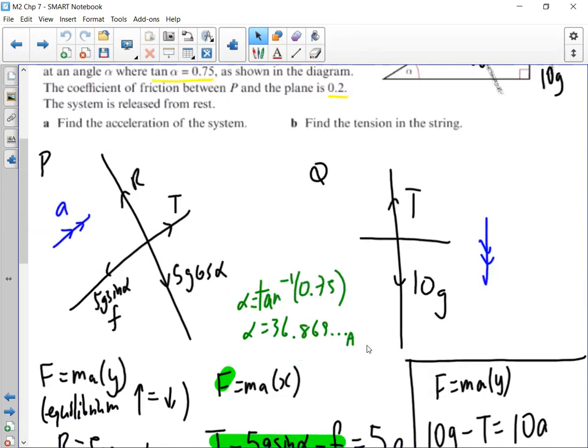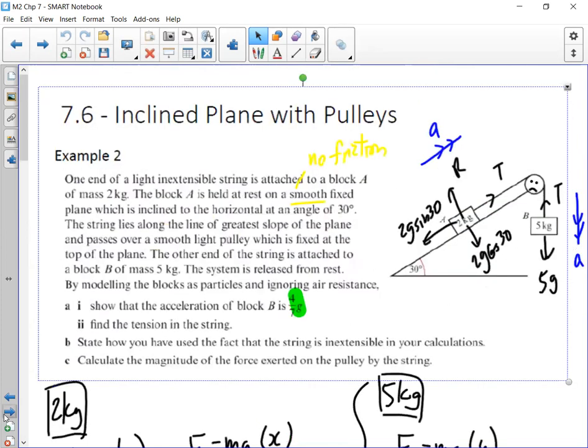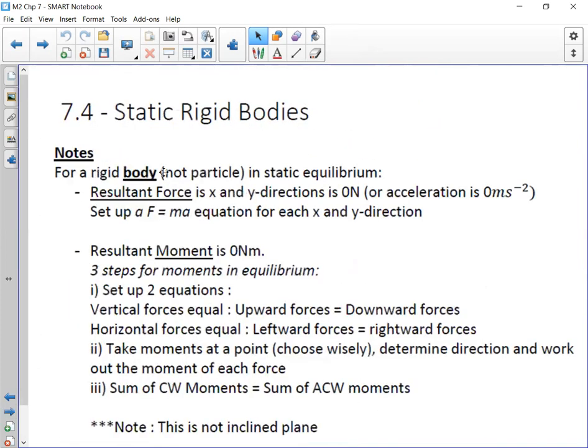Right, so that's particles on an inclined plane. Now, today's lesson, we are moving on to rigid bodies. Rigid bodies is something you have done in moments, about a seesaw, a plank, a rod, etc. If you remember from chapter 4, there are two things you have to do. One is upward force equals downward force.